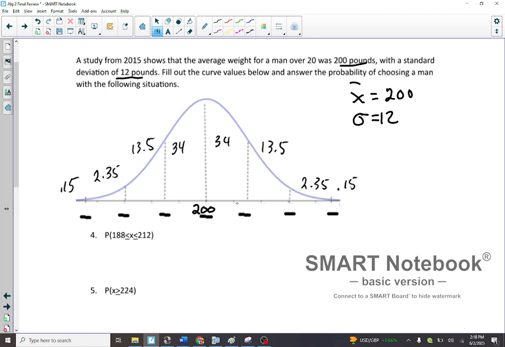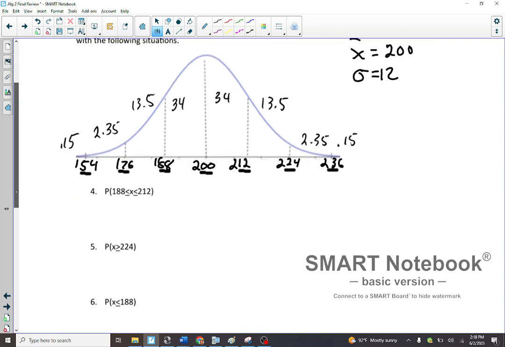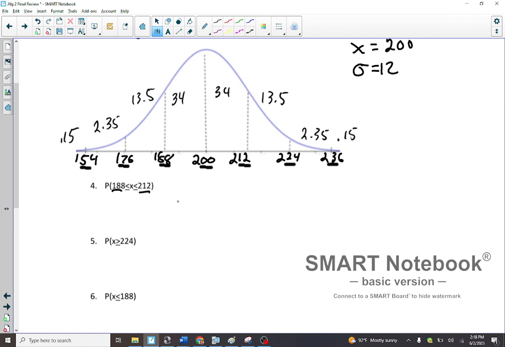And then every step I go up the standard deviation, which is 212, 224, 236. While here, I'm going to go down every standard deviation, 188, 176, 154. From here, I just look at this and see between 188 and 212, so that's here and here.